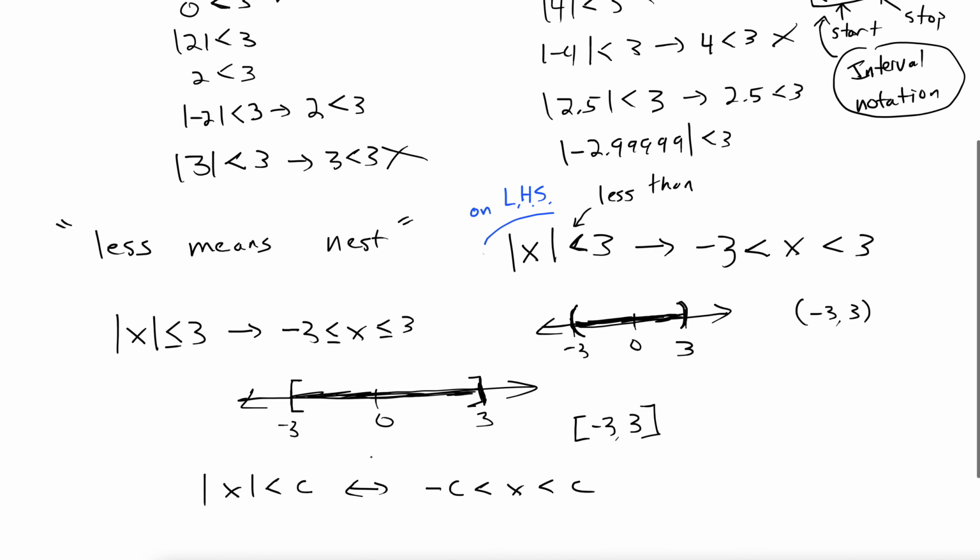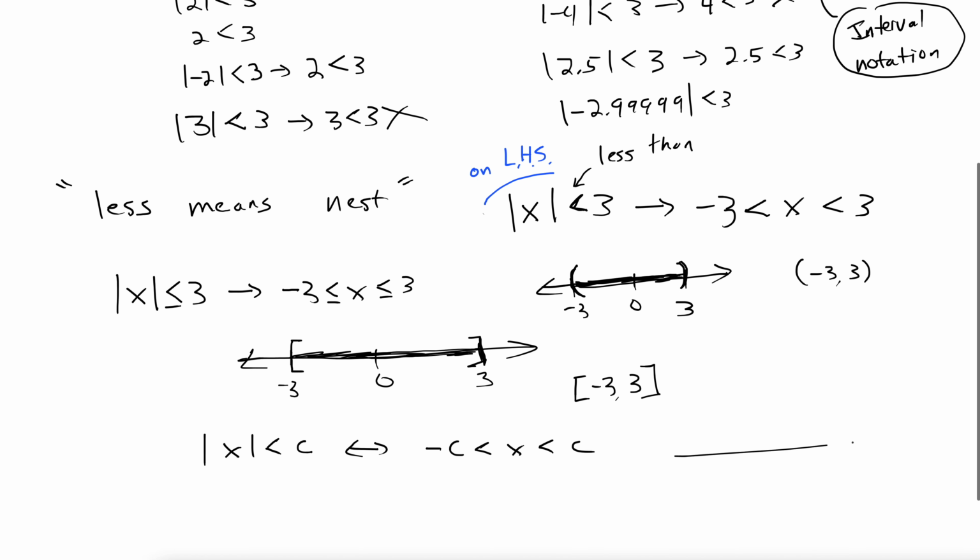And it gives us our graph, negative c up to c. And this would also work for the equal to case. This is just strictly less than. And our interval notation is negative c to c. Okay, and we'll do examples of this as well to make it a little more clear.